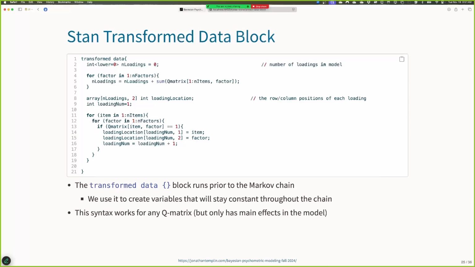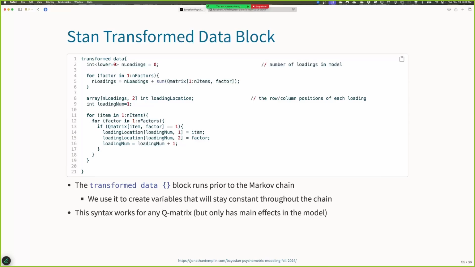So in Stan, I'm going to import a Q matrix right here, but I'm going to create in this transformed data block, which I think I've shown you before today. The transformed data block takes your data, transforms it into some form you might need in your analysis, and then allows you to use that form in your analysis in the model statement later on. Transformed data gets done one time. It runs before the chains start.